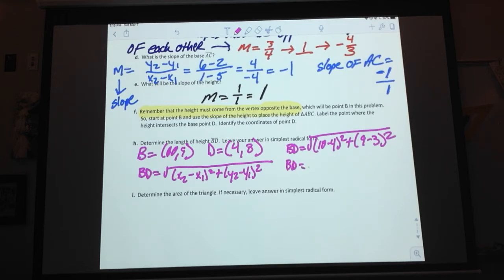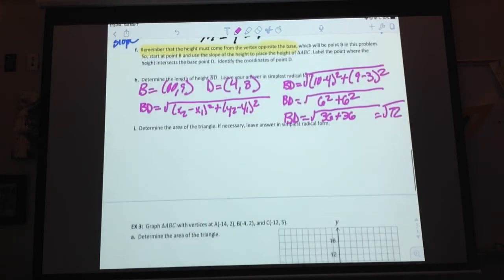BD equals the square root of 6 squared plus 6 squared. So BD is equal to the square root of 36 plus 36, which is equal to the square root of 72. Now, simplest radical form.